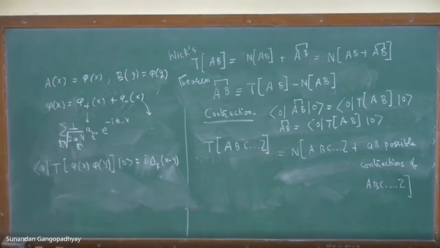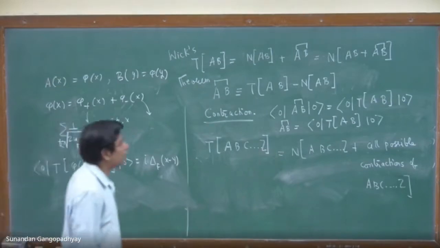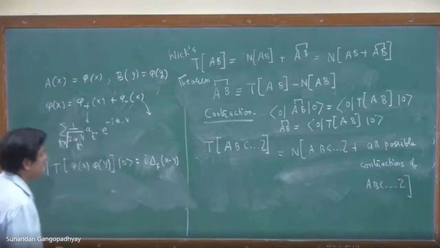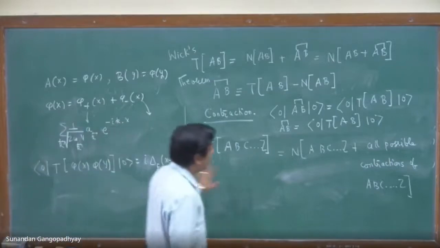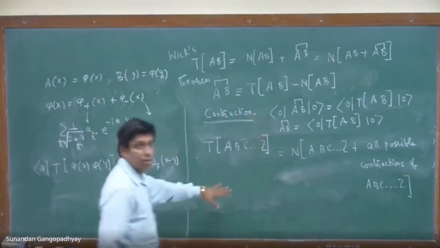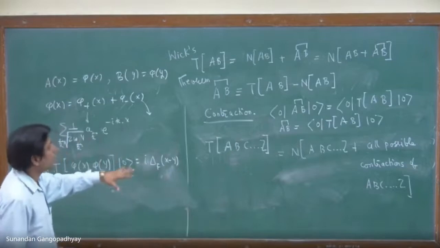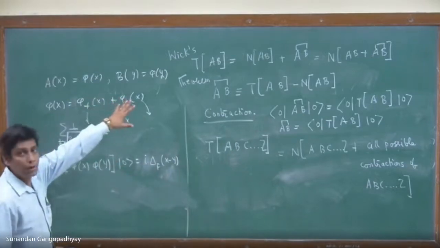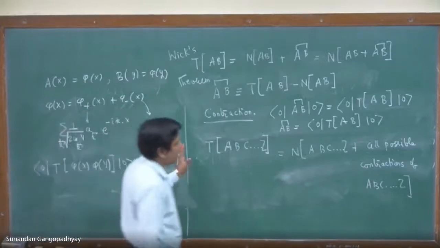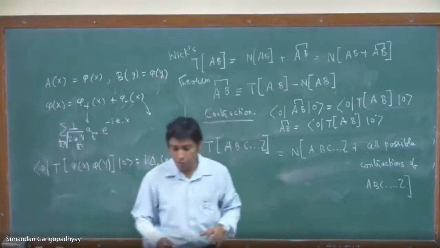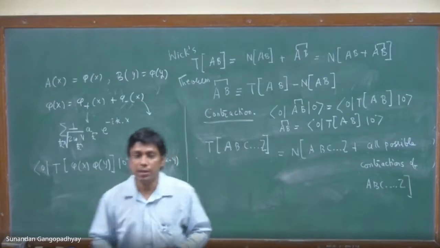So this is the most general form of Wick's theorem, and we can actually prove it by the method of mathematical induction. You can try. We have proved it for 2 operators. Now you do it for 3 operators. Then you assume that the result holds for a string of n operators, and show that it will also hold for a string of n plus 1 operators.